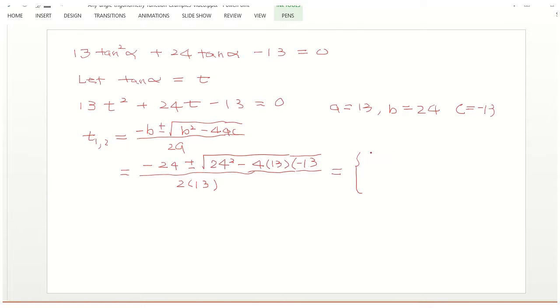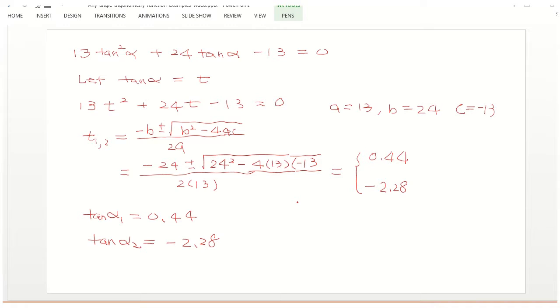t1 is 0.44. t2 is negative 2.28. So we get tangent alpha 1 equals positive 0.44, and tangent alpha 2 equals negative 2.28.